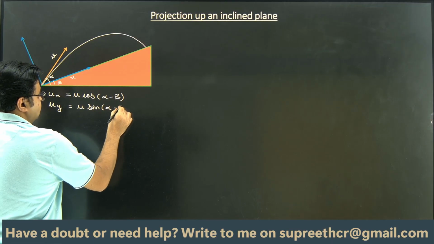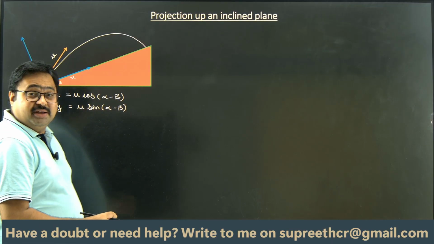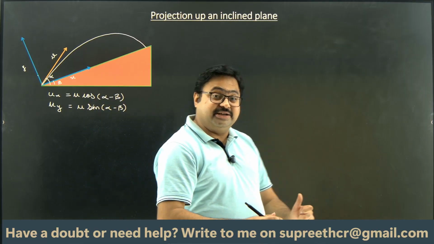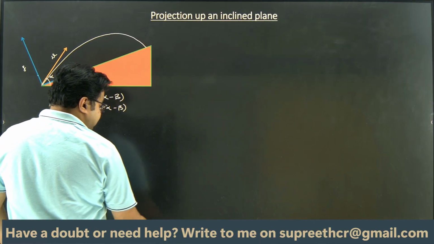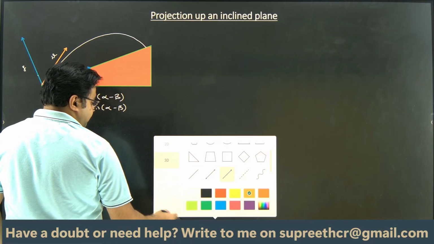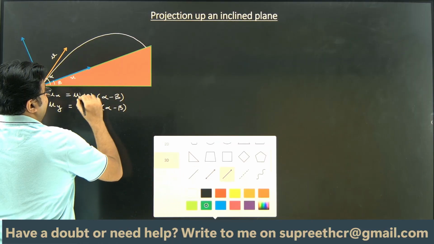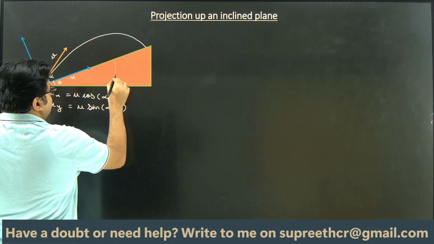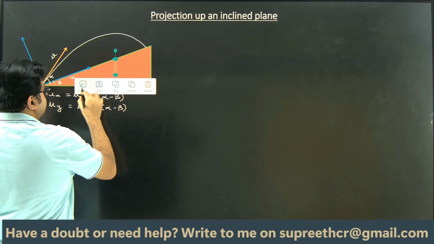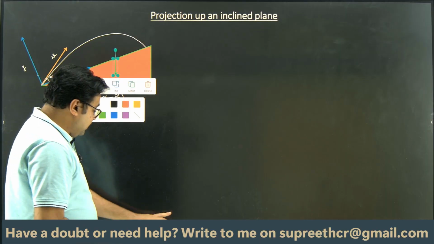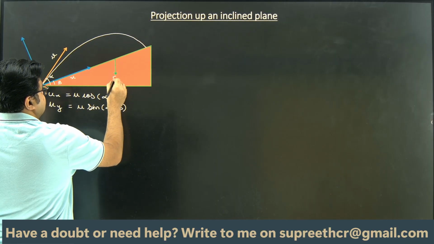In addition to that, you can also resolve acceleration due to gravity along the new x and y axes. Let us do that. Watch. We have the acceleration due to gravity pointing in the downward direction, irrespective of how your inclined plane is, and let me call that g.